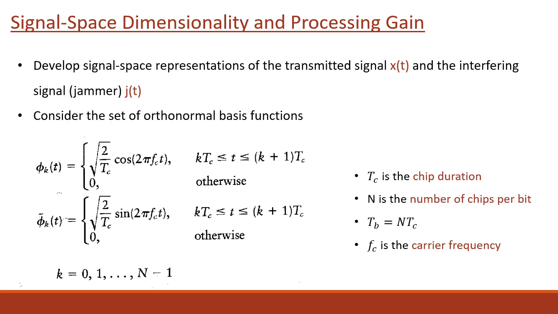The symbols used here are: Tc indicates the chip duration, capital N indicates the number of chips per bit, and we have the relationship Tb equals N times Tc, that is, 1 bit duration is equal to N chip durations, and fc indicates the carrier frequency.